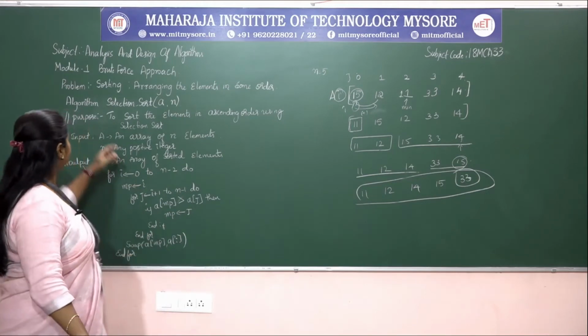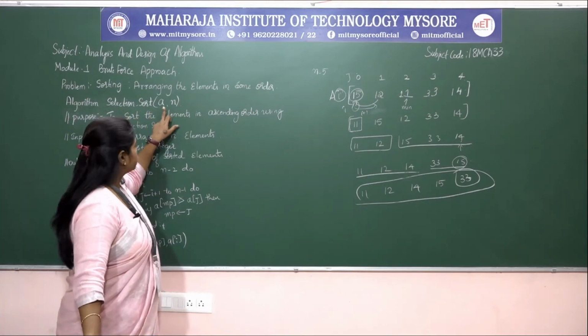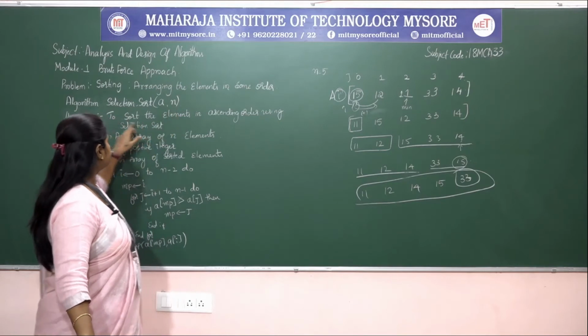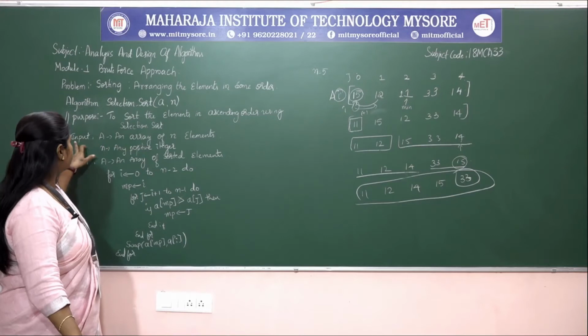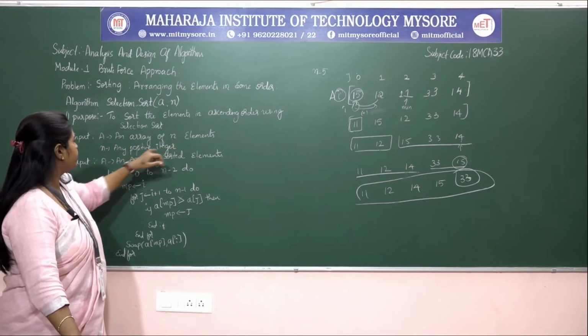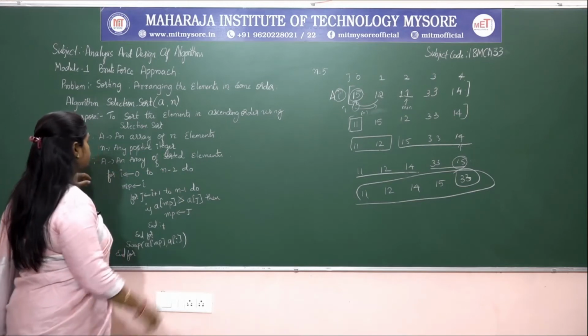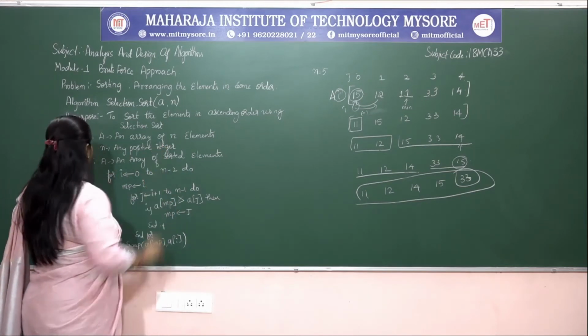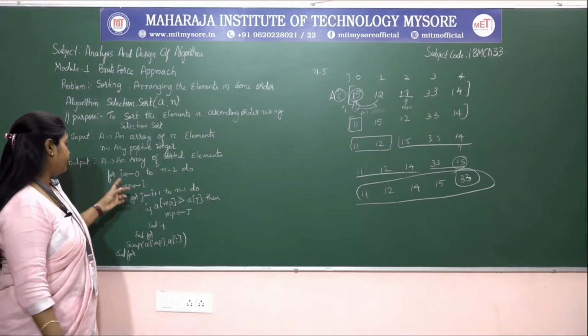Okay, so now for the selection sort, what are the inputs? The array of n elements. To sort the elements in ascending order using the selection sort, the input is an array of n elements where n is a positive integer, and the output is an array of sorted elements.